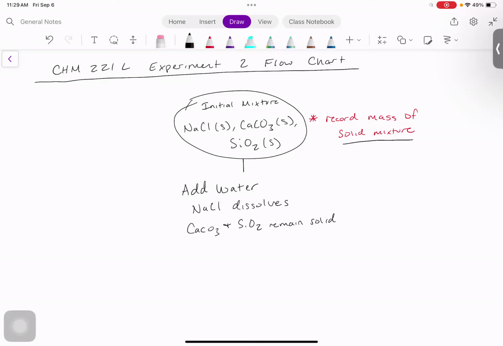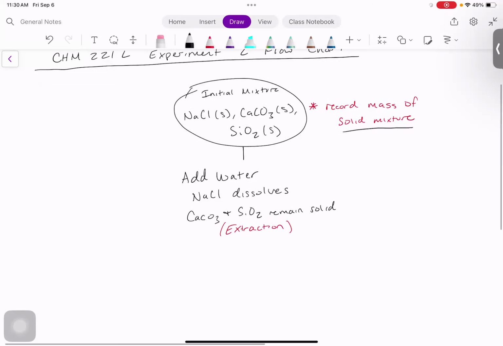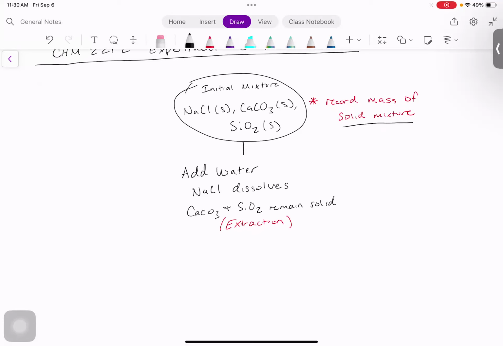And this technique, where we add water to specifically dissolve one component of a mixture of solids, is called an extraction. So specifically a solid-liquid extraction. So I'm just going to make a note that adding water to selectively dissolve the sodium chloride is an extraction. So that's my first step of my procedure.